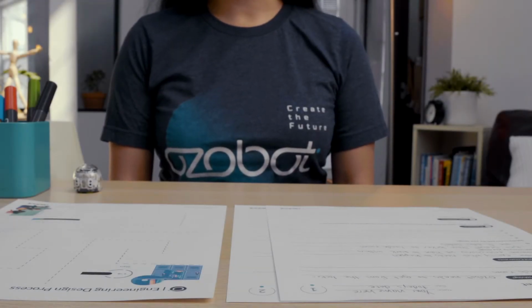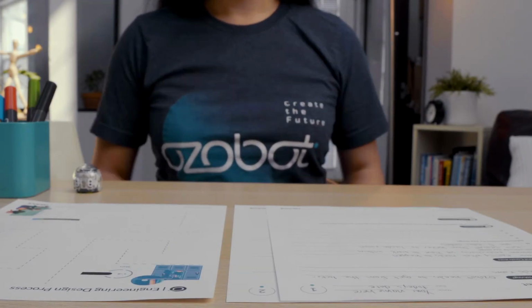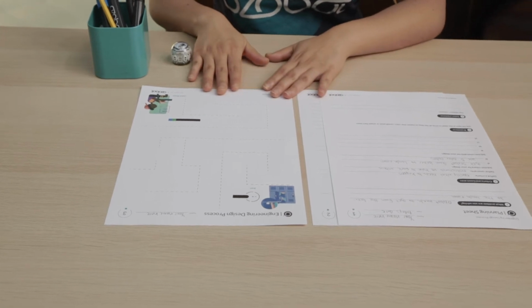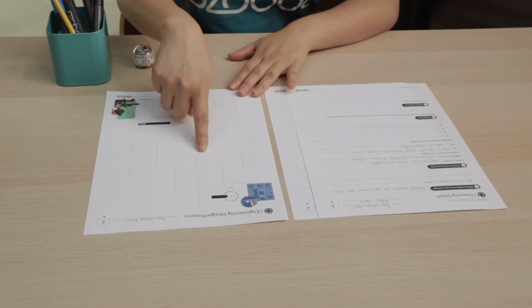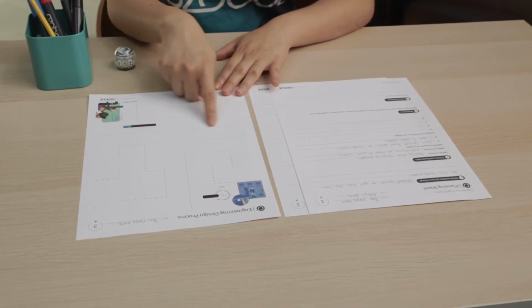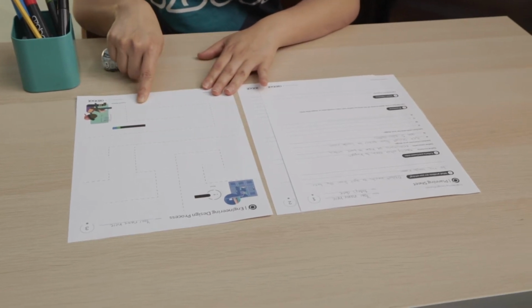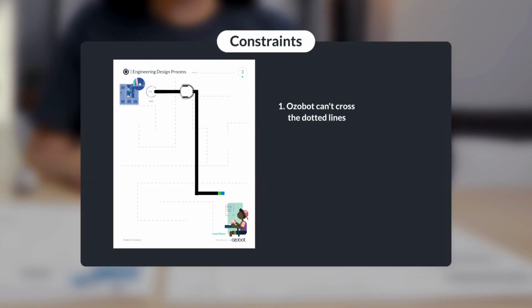Constraints. What limitations do we have? Looking at our engineering design process map, there are dotted gray lines all over the page. Ozobot can't cross the dotted lines. That is one of our constraints. We are limited to 1 page, another constraint.